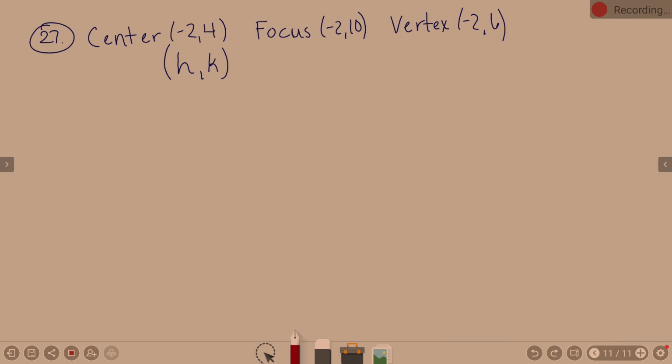Because this is hk. Foci officially fall into the form h, k plus or minus c, and vertices officially fall into the form h, k plus or minus a, right? It says k plus or minus c and k plus or minus a because there's 2 foci, one on either side of the center. And there's 2 vertices. But here they only give us 1, yes?